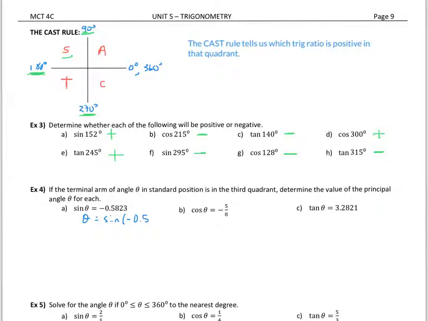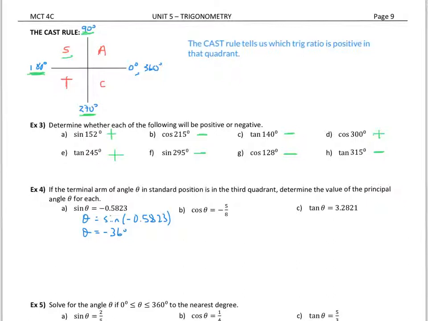But if I put this into my calculator as it's written here and solve for my angle theta, the calculator spits out a value of negative 36 degrees. Now, negative 36 degrees, if I graph that, remember negative angles go in that clockwise direction.